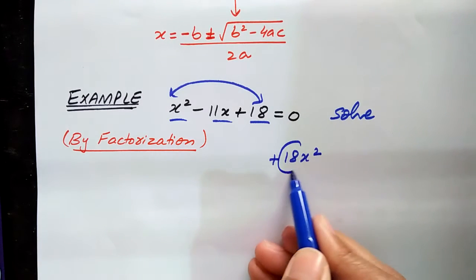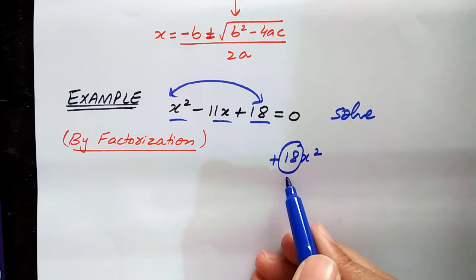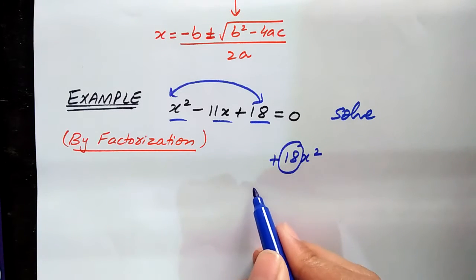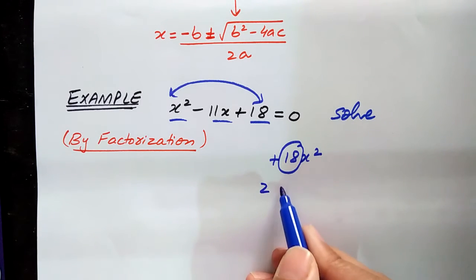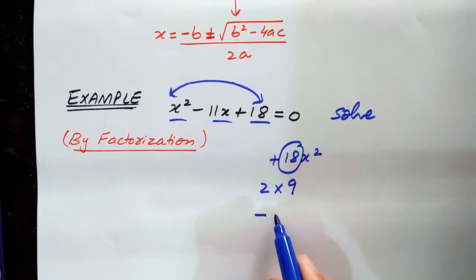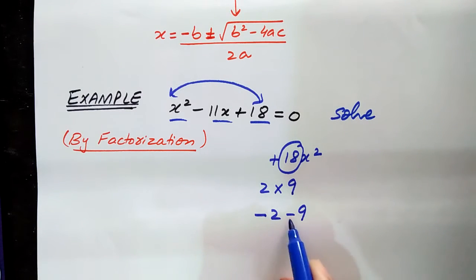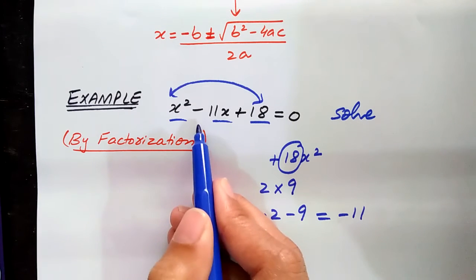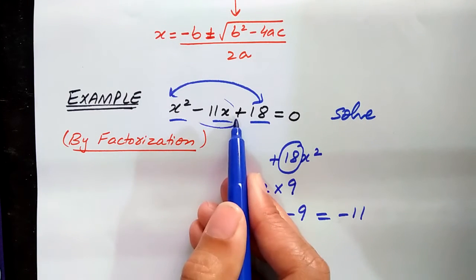Now we will check the factors of 18 for which we can make minus 11. For example, 18 can be factorized as 2 into 9. And we know that minus 2 minus 9 will become minus 11. That is the same as the middle term of this quadratic equation.